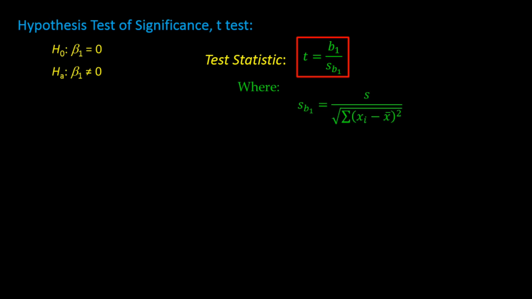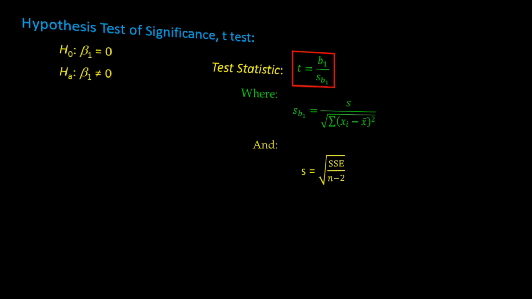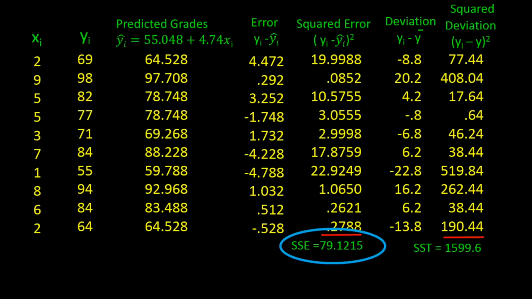We need to first find s, the standard deviation for this distribution, and then divide it by the square root of the sum of the x sub i's minus x bar squared. And so s is the square root of SSE divided by n minus 2. From a previous calculation, we see that we found SSE to be 79.1215 here.